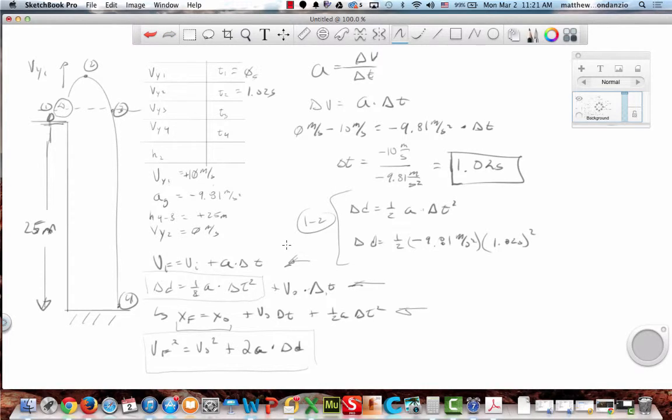Okay, then what about the initial velocity? Oh yes, thank you very much. Plus our initial velocity times our delta t. So plus 10 meters per second times my delta t, which is 1.02 seconds.